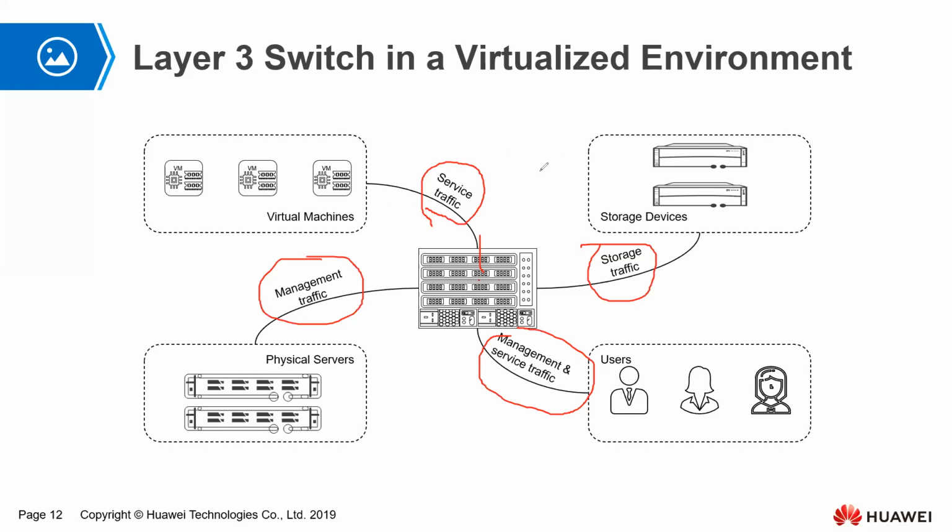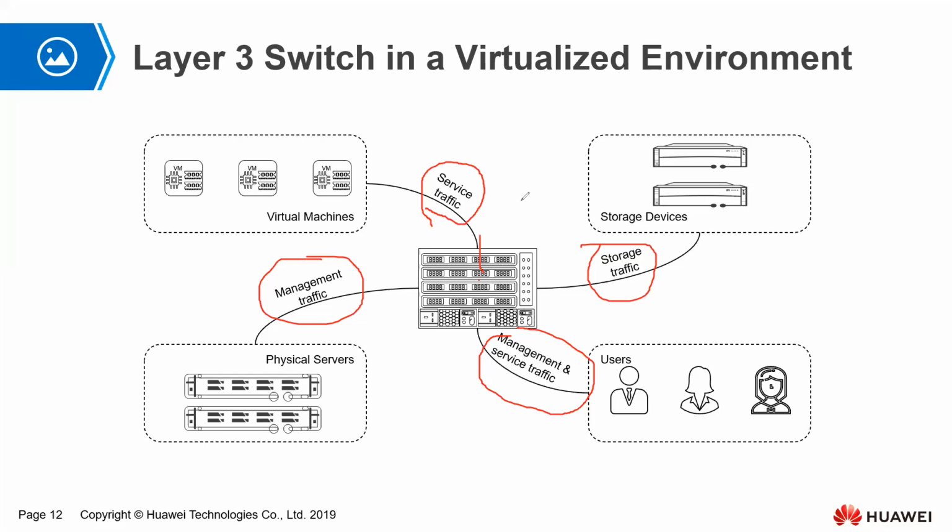So service traffic and storage traffic are vital to the users, because users want to store something or access something which was stored. And also they want to access a service and perform their duties on the network. So when users access a target service, then service traffic is produced. If service data is stored on a professional storage device instead of a local server, then storage traffic is produced.